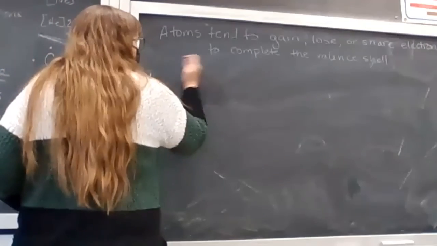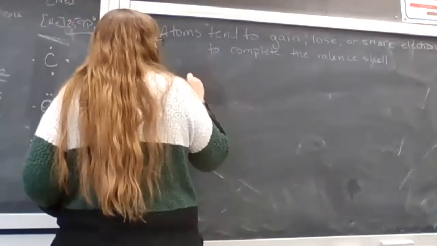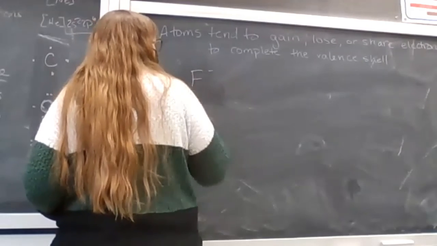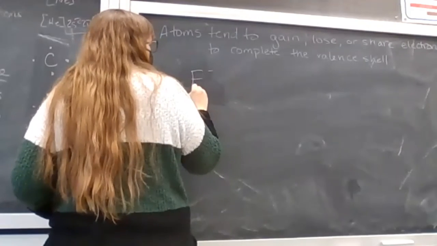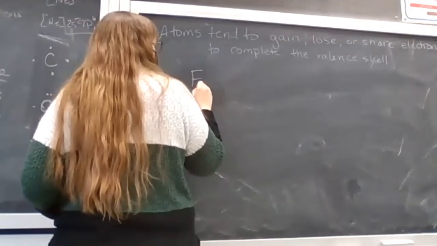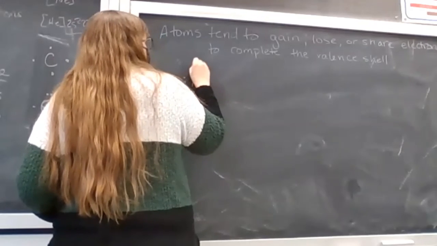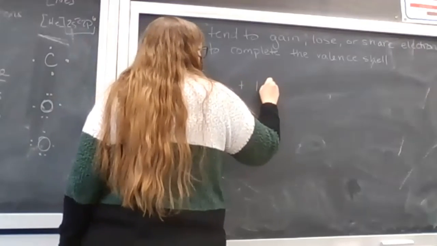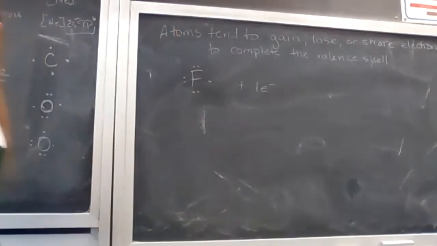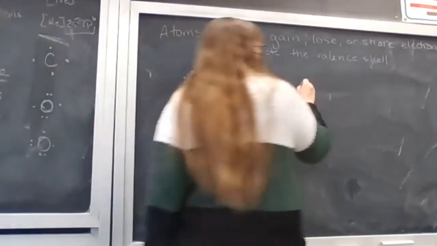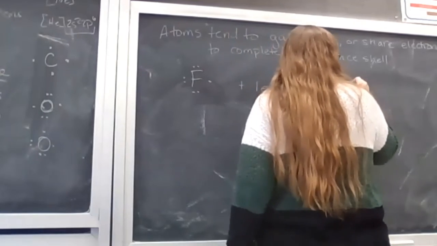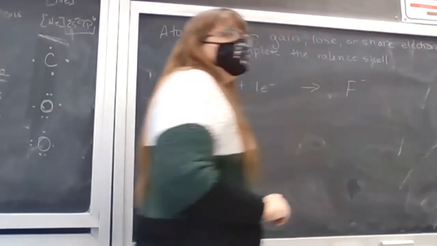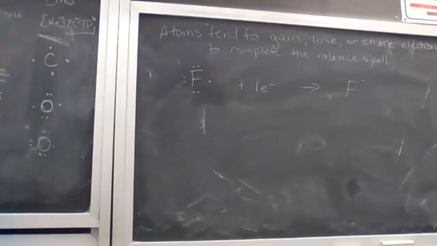So if I look at something like fluorine, 7 valence electrons, it's going to gain 1 electron. And we would write that as a fluoride ion, so we have a minus there.